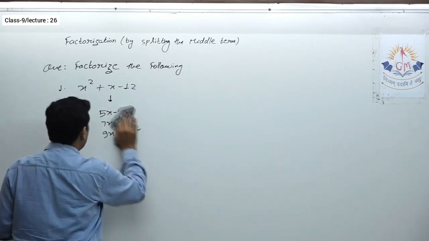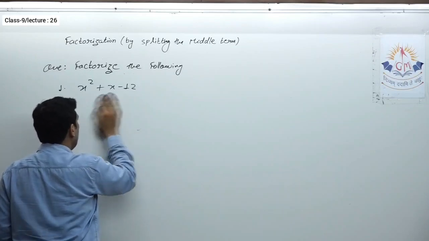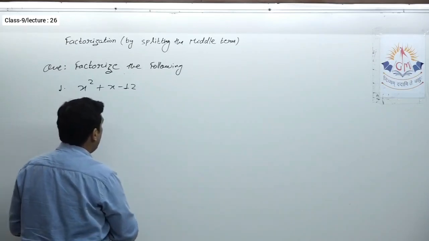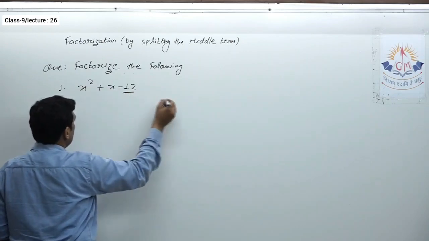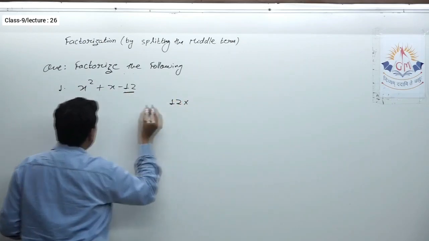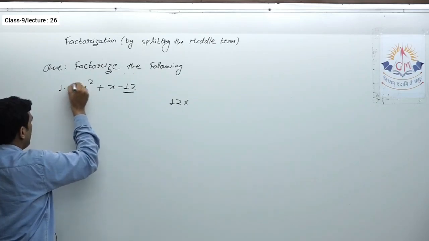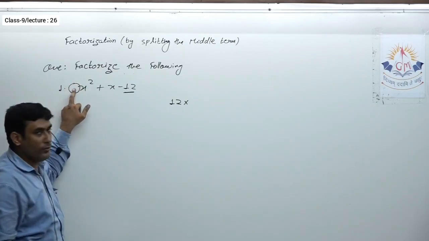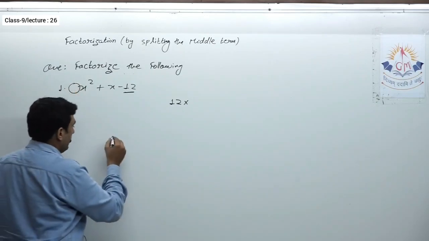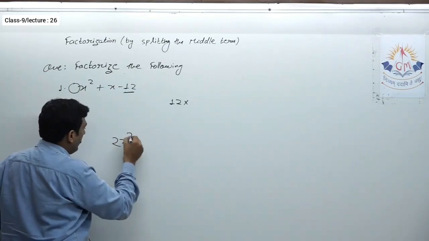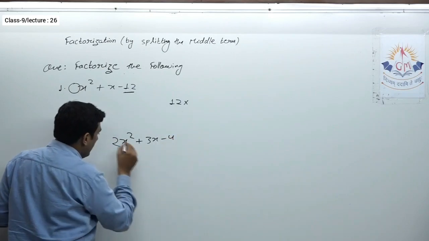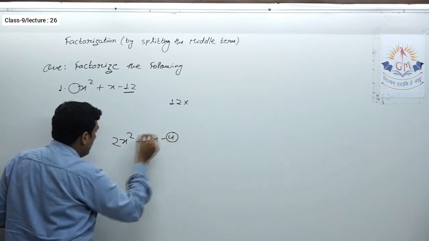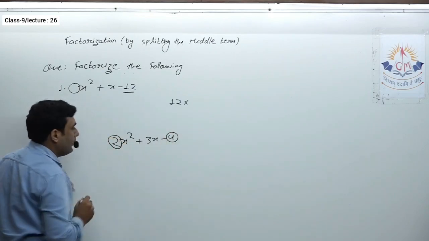For that, what we have to do is find the factors of the constant term, that is 12, multiplied by the coefficient of x square. Here the coefficient of x square is 1. See, if instead of this I write 2x square plus 3x minus 4, here the constant term is 4 and the coefficient of x square is 2.